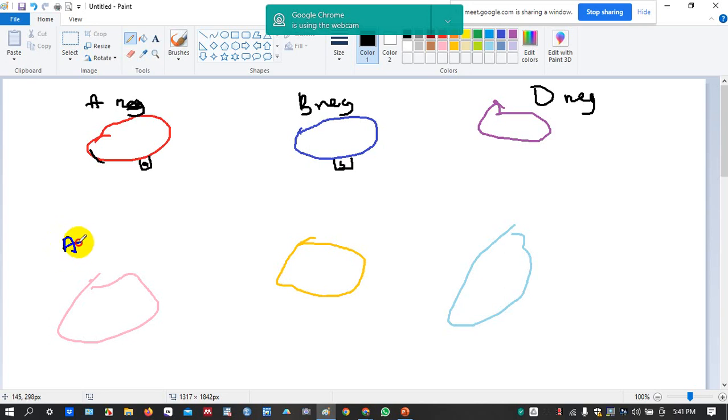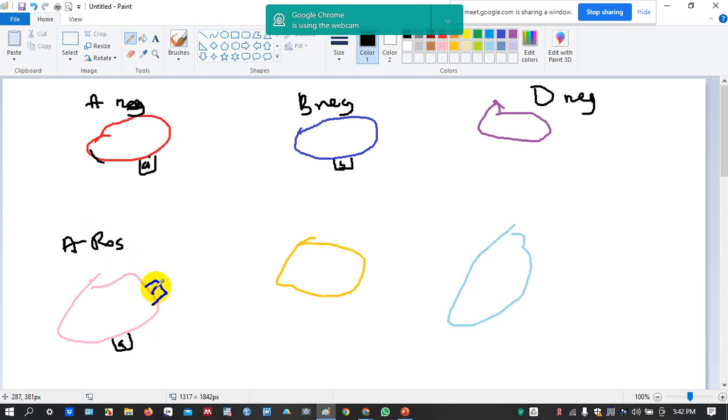This is A positive. A positive is going to have what? A as an antigen. Let me clean it and write it well. A is an antigen here, then the RH is also here.